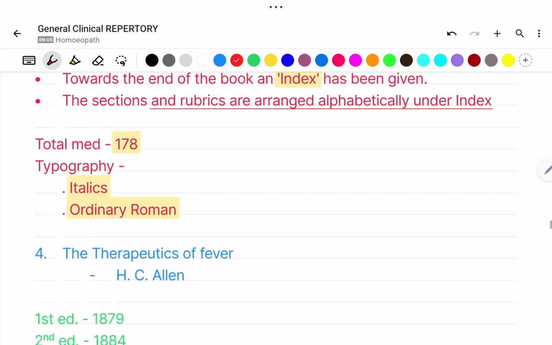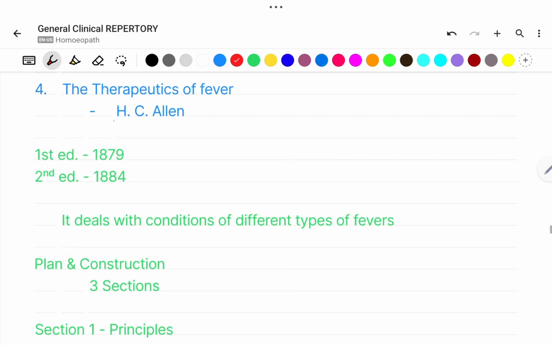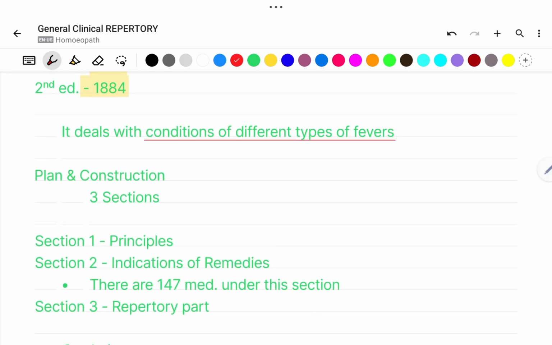Now our next repertory is The Therapeutics of Fever by S.C. Allen. Its first edition came in the year 1879 and second in 1884. It deals with conditions of different types of fever. Now plan and construction. It has three sections.